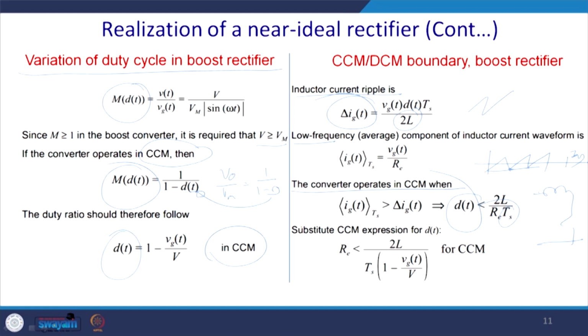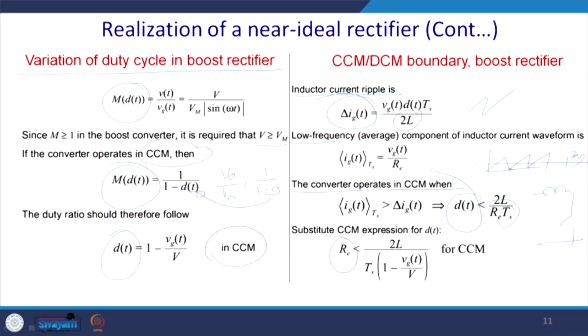So, substituting this value, the condition for the converter to be in continuous conduction mode will be Re equal to 2L by Ts (1 minus Vg(t) by V), and that is for the continuous conduction mode. So, this is the condition for continuous conduction mode, or if it is equal, then it is a boundary condition.